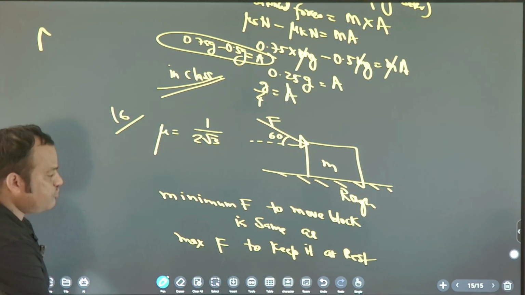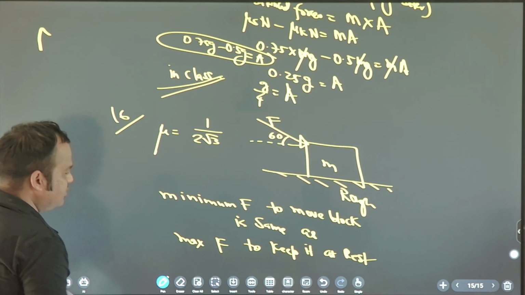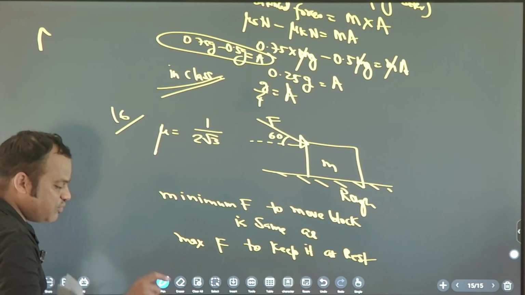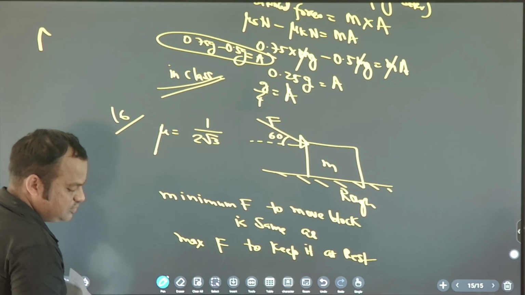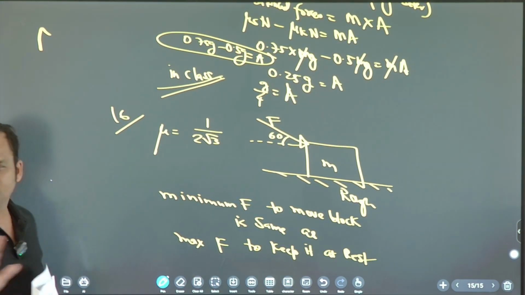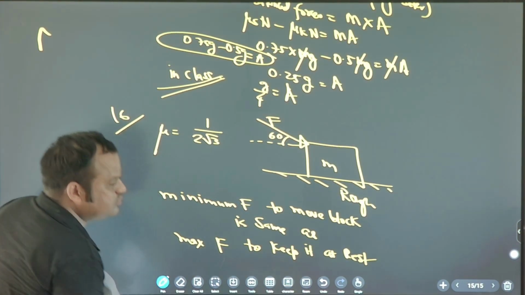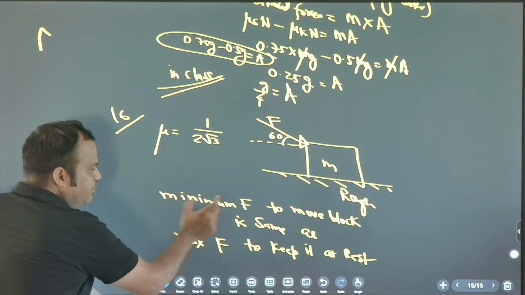So what is the minimum force to just move? 3 Newton, correct. So I want to move it. Minimum how much I have to exert? 3. More than 3, okay. But minimum how much? 3. You understand the meaning of minimum force?